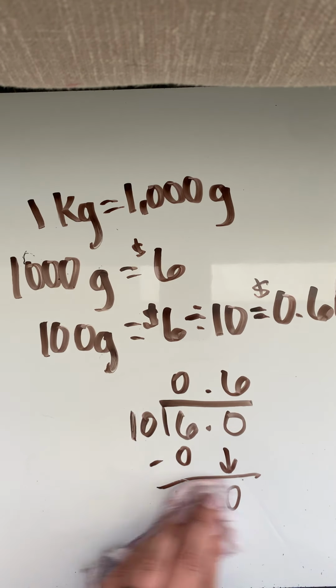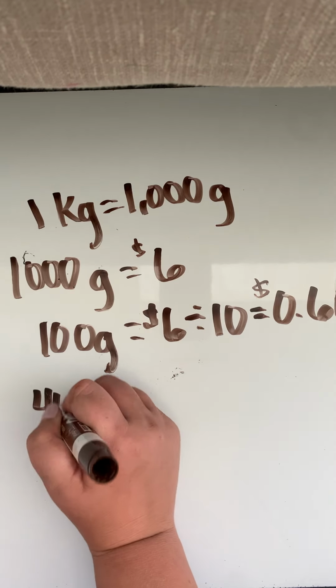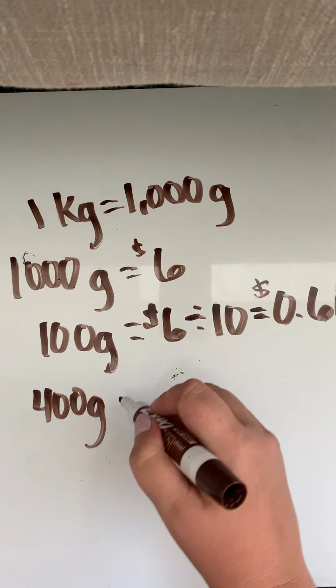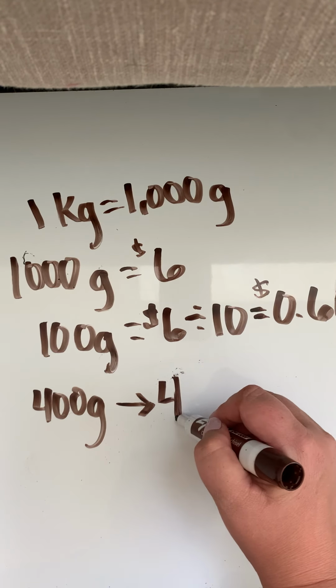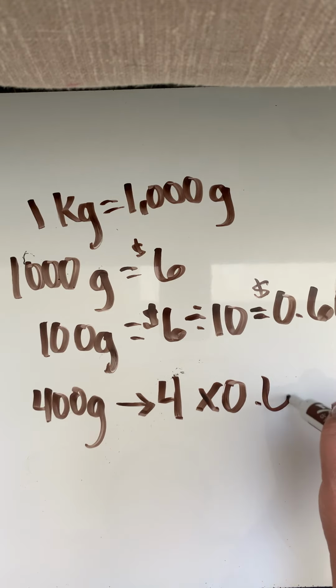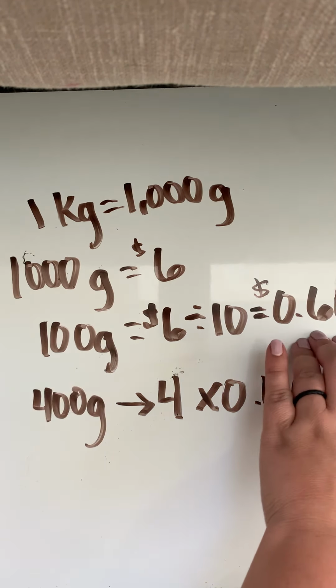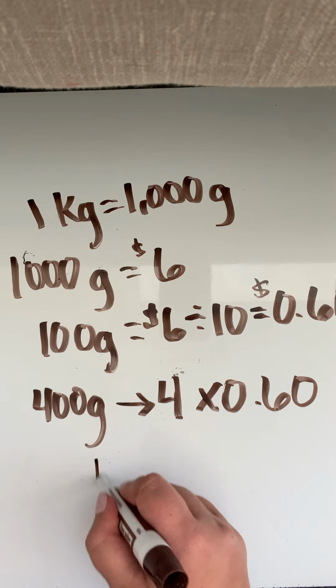And then I'm not quite done yet. Now I can figure out 400 grams because I broke it down into 100 grams. 400 grams is going to be 4 times 0.60, okay? Because I know that 100 is 60 cents. So that means in order to find, like, let me show it to you this way.